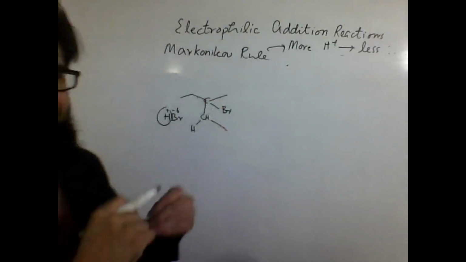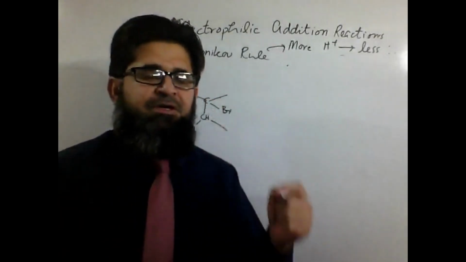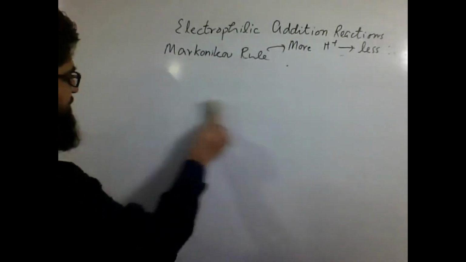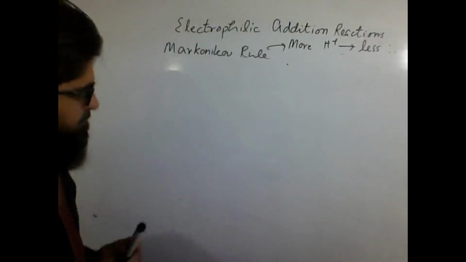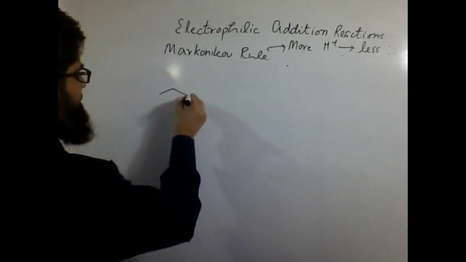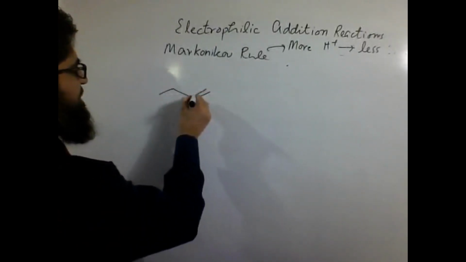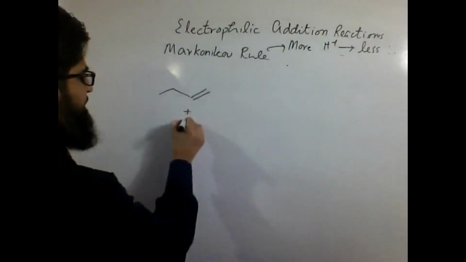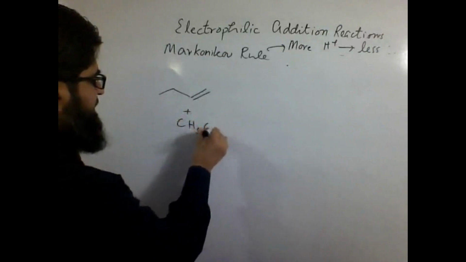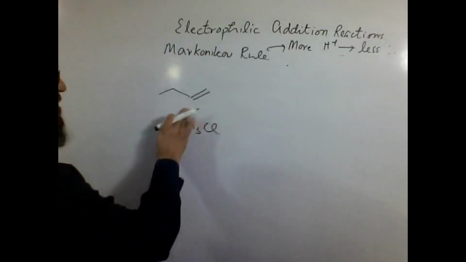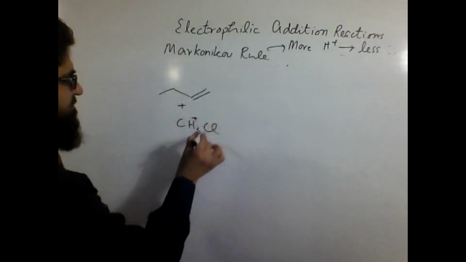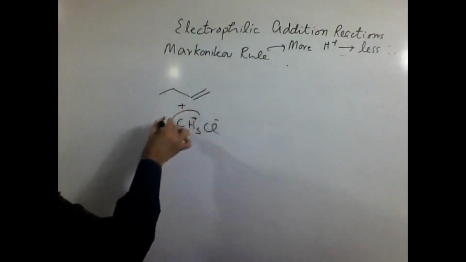So Markovnikov rule means the positive part of the molecule. Positive part means electrophile. Let's say we have this type of alkene and we are going to react it with an alkyl halide. Over here CH3 positive and Cl negative. So this is going to be an electrophile.